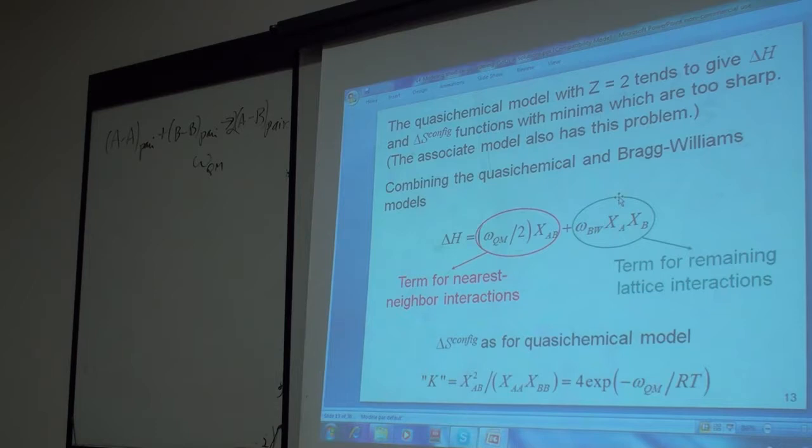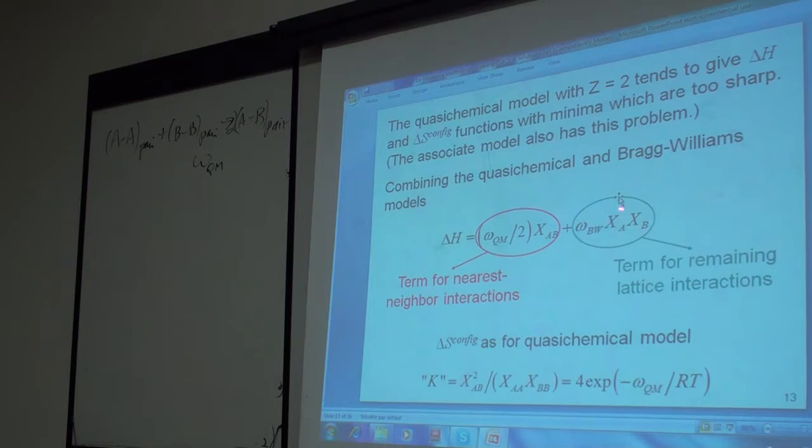I said there are two ways around this. One way is to write the heat as a mixture of a quasi-chemical and a Bragg-Williams term. So this is the number of AB pairs, and this is the XA-XB term, which is considered the number of second, third, and fourth nearest neighbor pairs. The heat is given by a mixture of two terms, but the equilibrium constant, which affects the entropy, depends only on the quasi-chemical term.